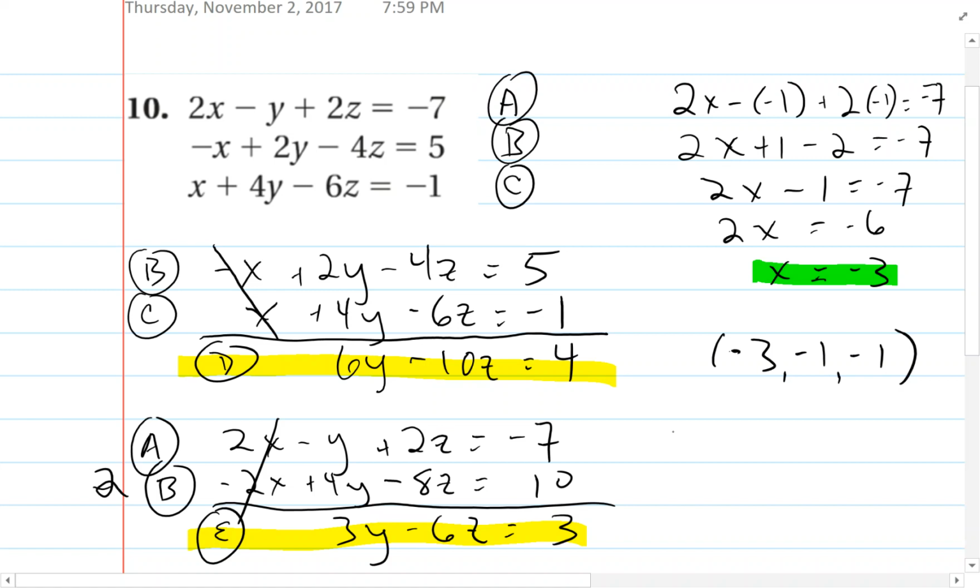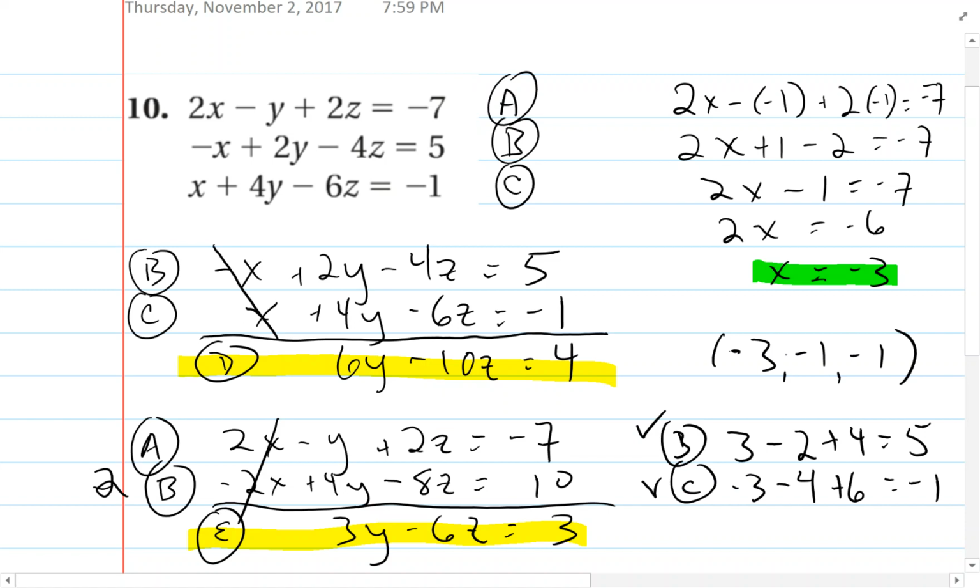So this is in B. End up with a +3 minus 2, +4 is equal to 5, which is true. And for C, I end up with a -3 minus 4 plus 6 equals -1, which is true.